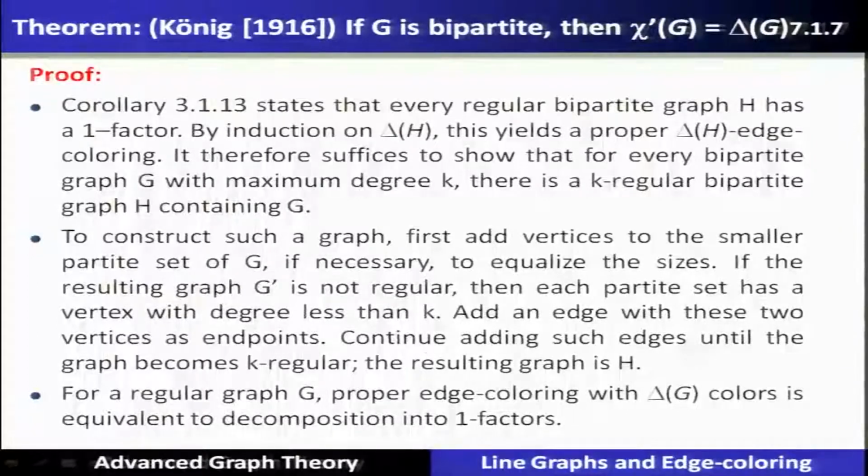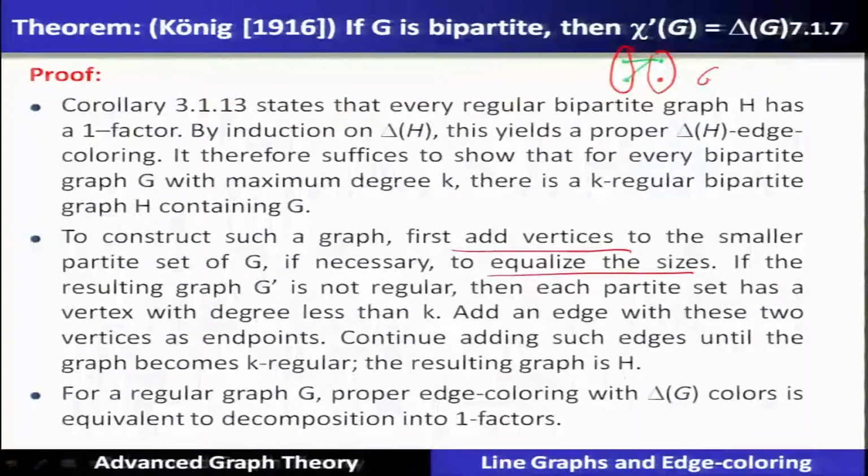Let us see this through an example. Let us say this is the given bipartite graph. Here one vertex is missing, so we add that vertex to the smaller partite set to equalize the sizes.